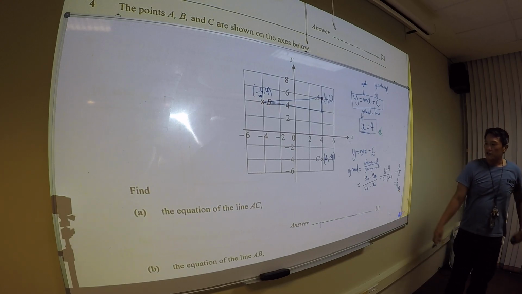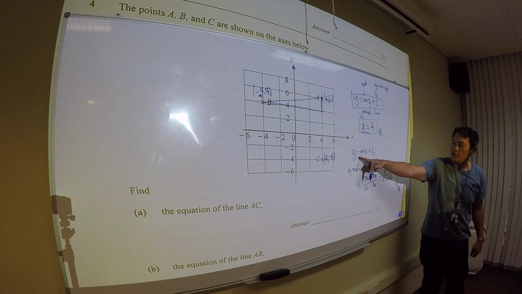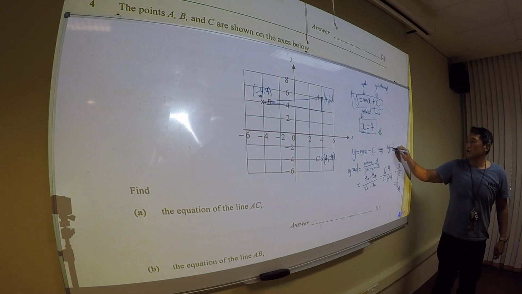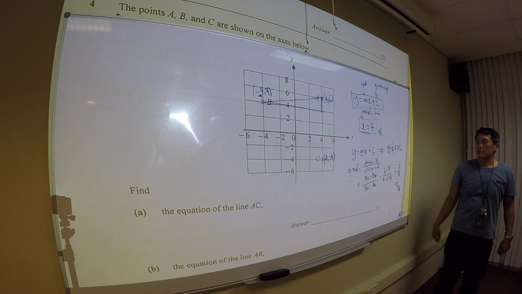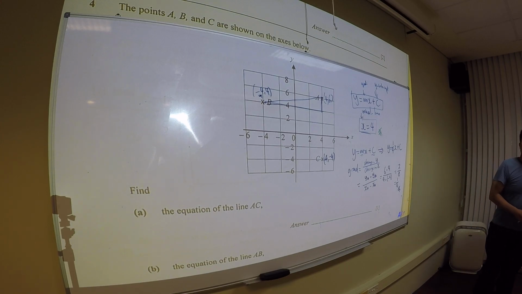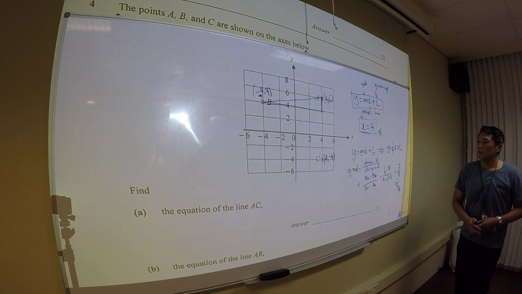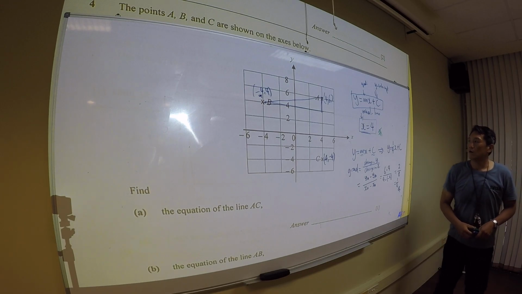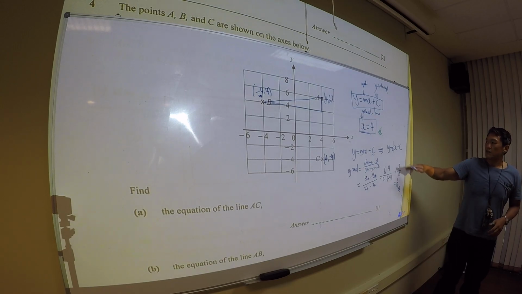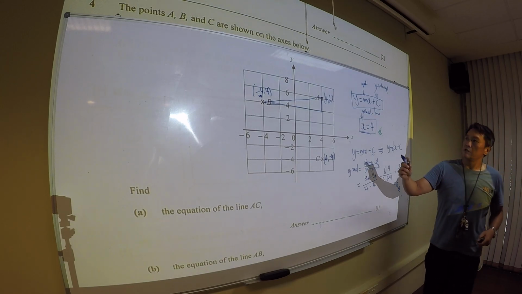After we know the gradient is 1/4, if we feed it into this line, it will become y equals 1/4 x plus c. But we have not found the answer yet. To find the answer, we must find out what c is. Okay, and to find out what c is, very simple.